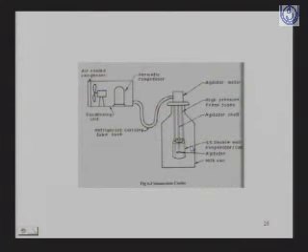The next is the can immersion cooler. This is the can, and this is the immersion unit, where the refrigeration coils are there, and an agitator is also there. This is the complete refrigeration unit, and it works as an evaporator cum agitator.